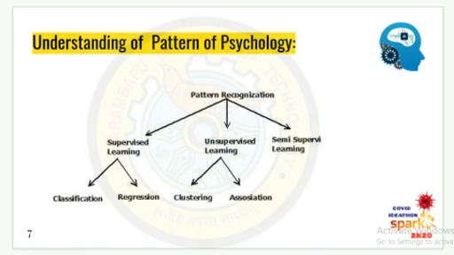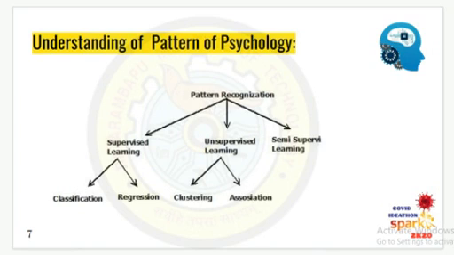In supervised learning, there are classification and regression. In unsupervised learning, clustering and association. It's better to know the psychology pattern with supervised learning of classification.